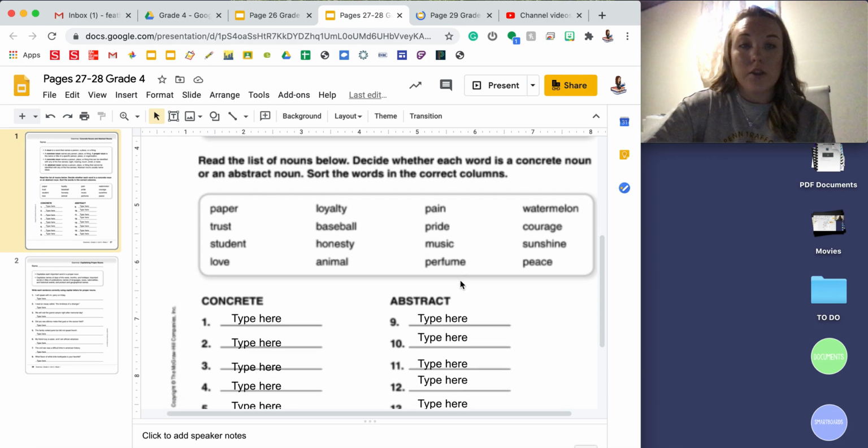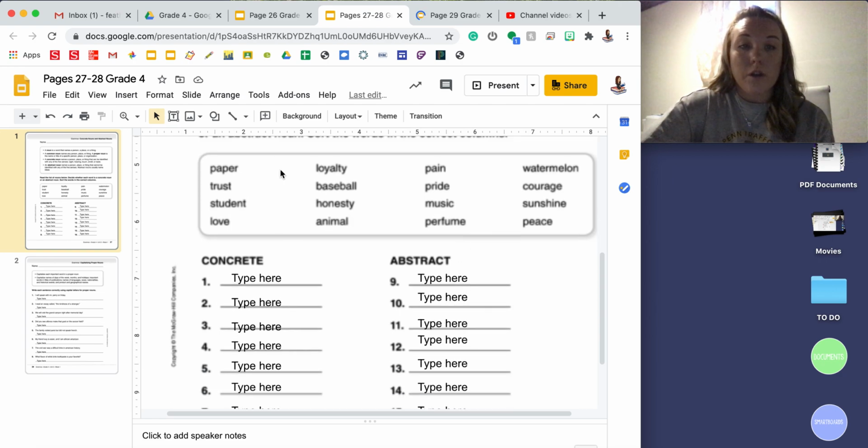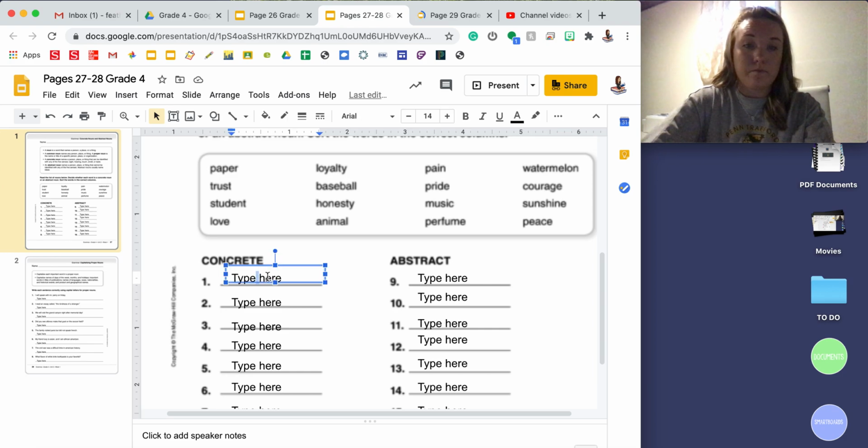On this page, you're going to read the list of nouns and decide whether each word is a concrete or abstract noun, and you're going to do a word sort in the correct columns. The first word is paper. Paper is something I can see, I can touch it, I could taste it if I really wanted to, I could smell it. So I'm going to put paper under concrete.